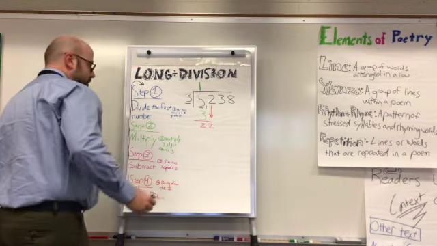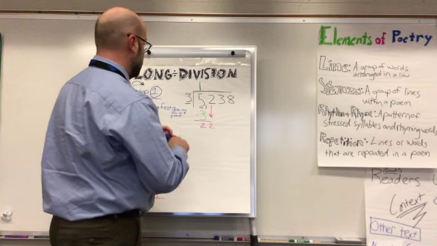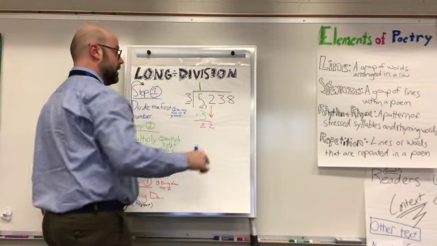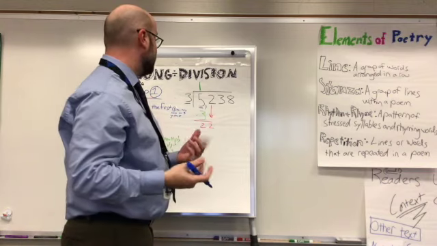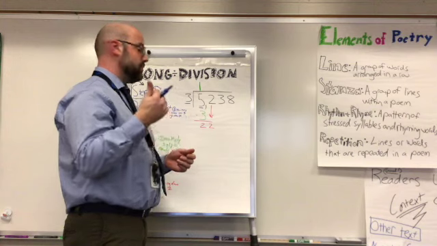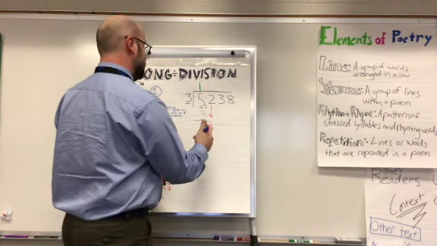So then, how many times is 3 going into 22? 3 times. Guys, if you want to skip count, 3, 6, 9, 12, 15, 18, 21, 7 times.